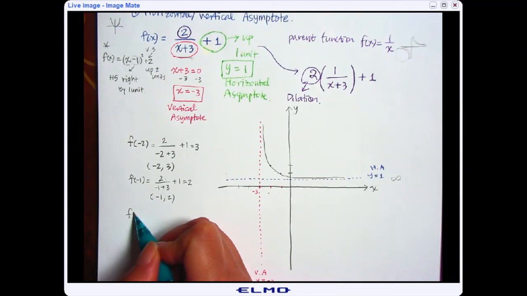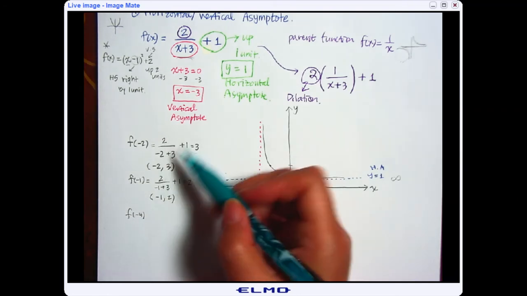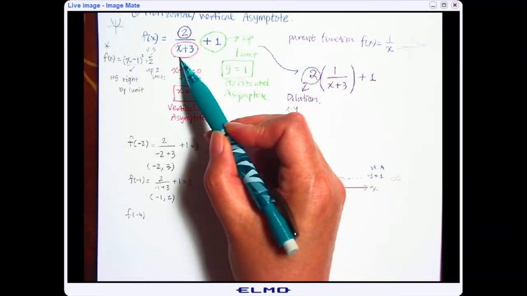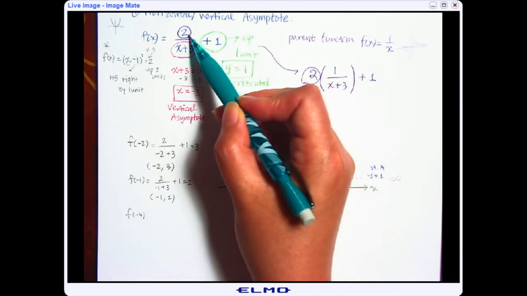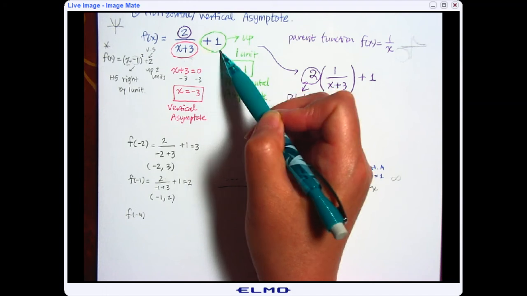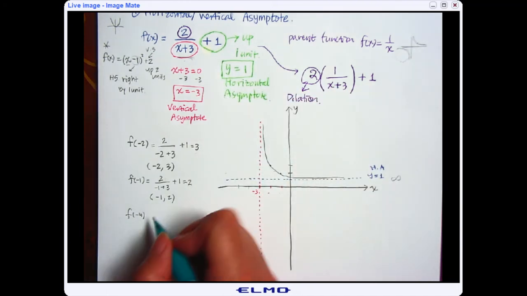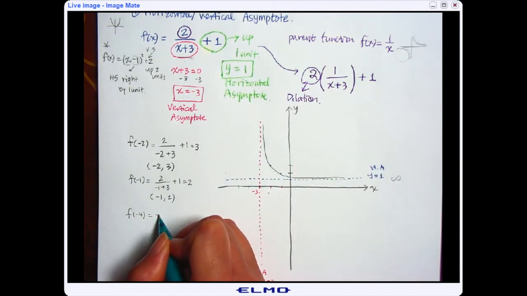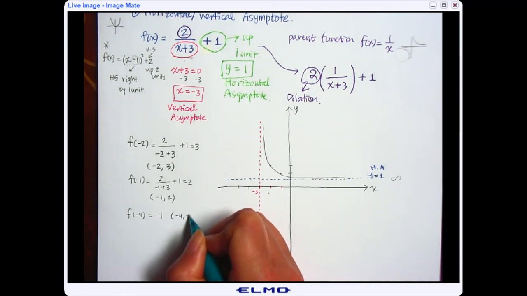So if I put -4, as you see, -4 here is going to make the denominator -1. So then 2 over -1 is -2. Added by 1 will be -1. So -4 will give you -1, and then the coordinate is -4, -1.